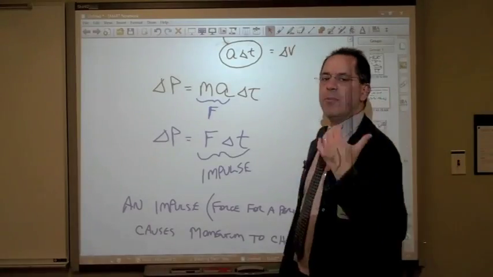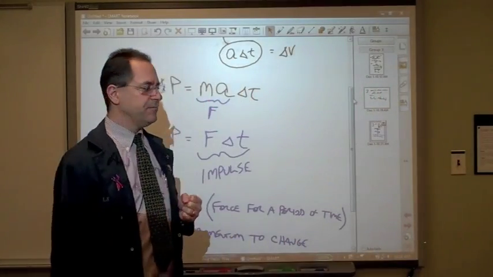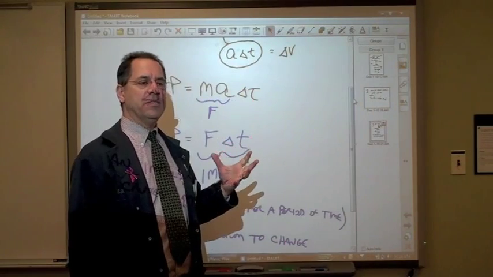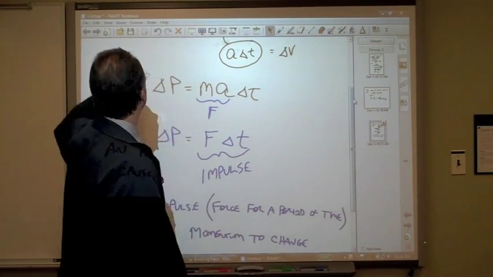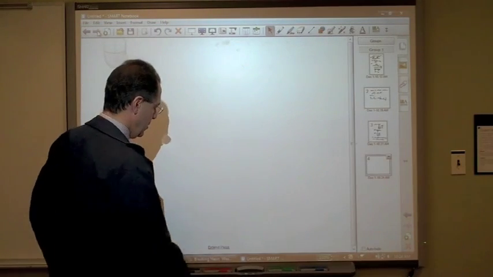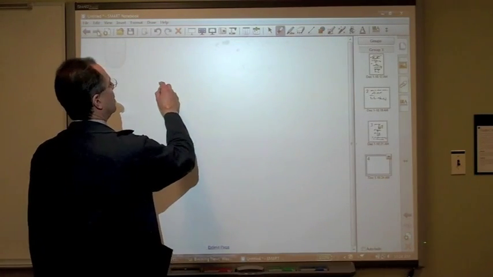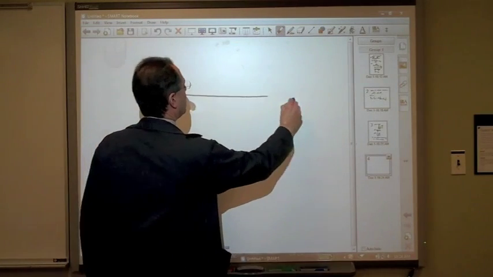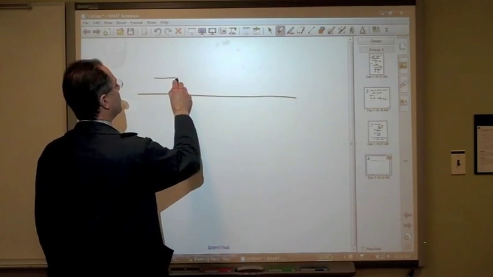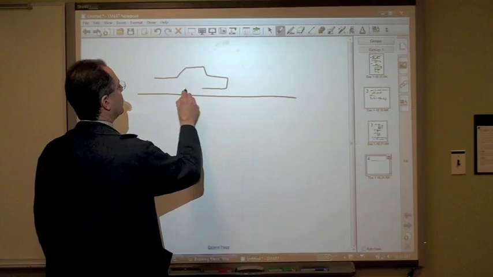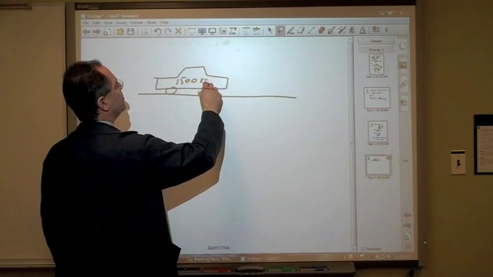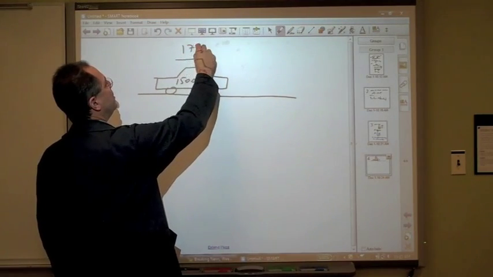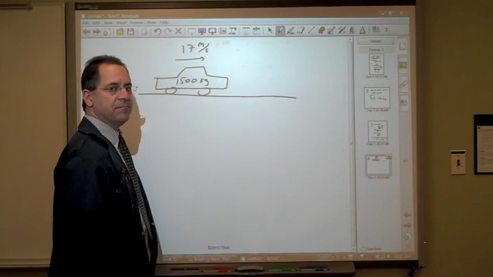Let's try an example with this idea of impulse. Go back to our deer situation, hitting the deer. If we remember correctly, we had the car, which was 1,500 kilograms, moving at 17 meters per second.